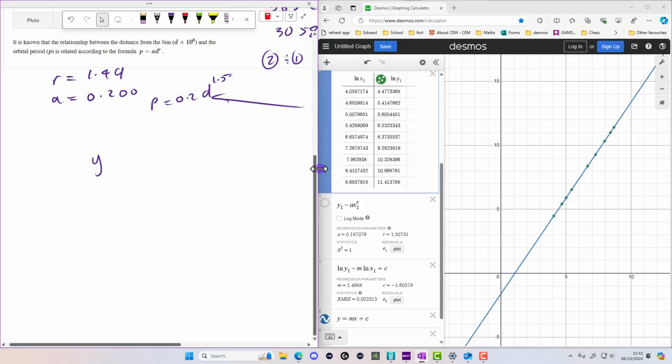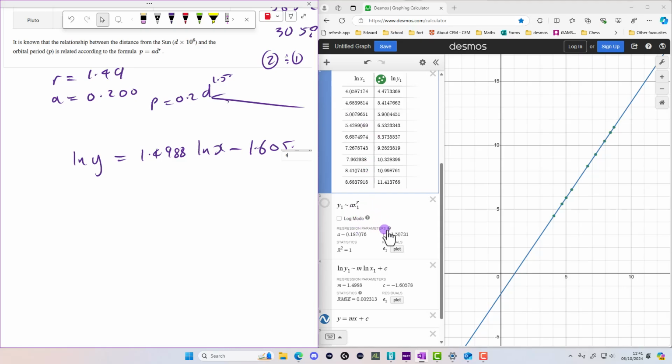I've got the natural log of y is equal to 1.4988 times the natural log of x plus, in this case, actually minus 1.605 and so on. Now I want to get that back into my power law.